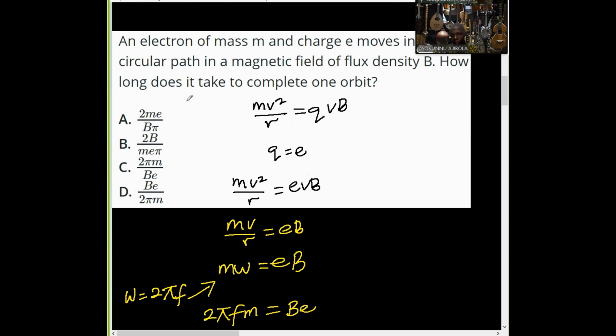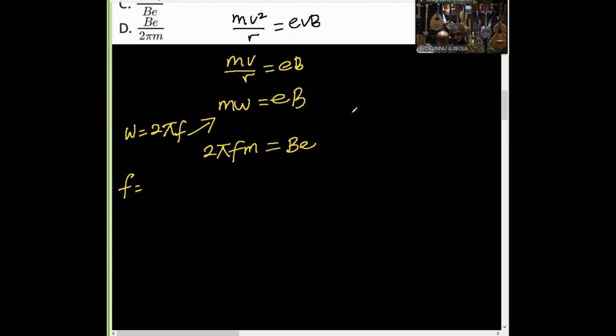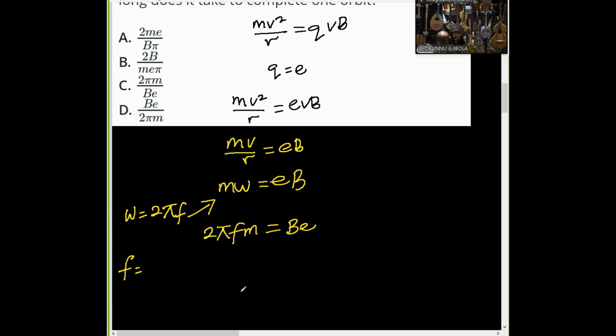He said, how long does it take? That's the period, the time for one complete oscillation. So f is 1 over T. You slot in 1 over T to replace f. Then this becomes 2 pi m over T equal to B e.